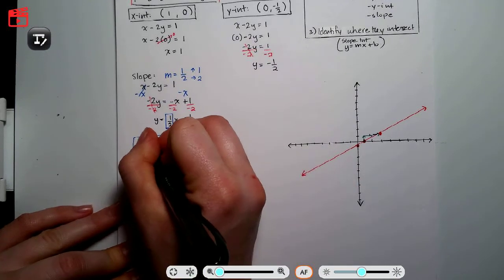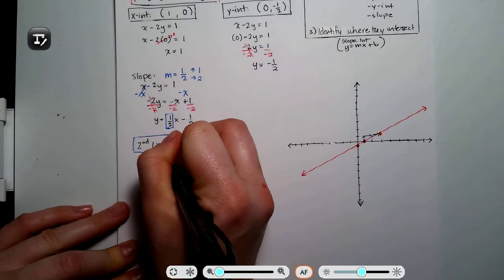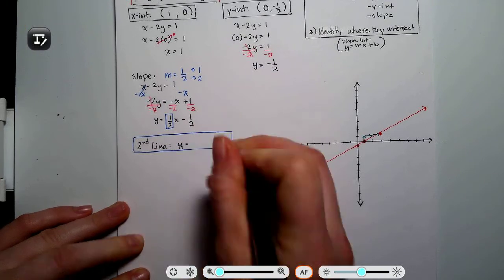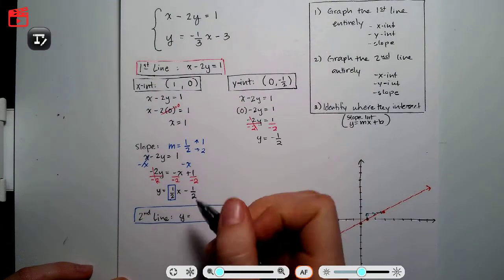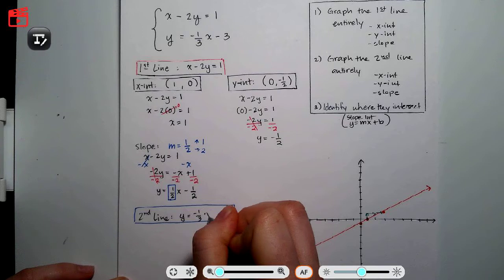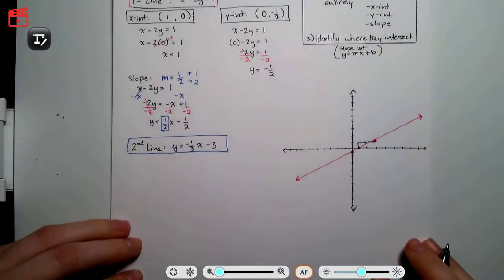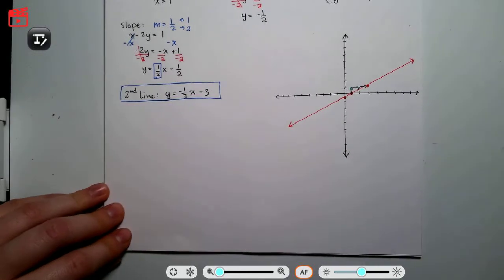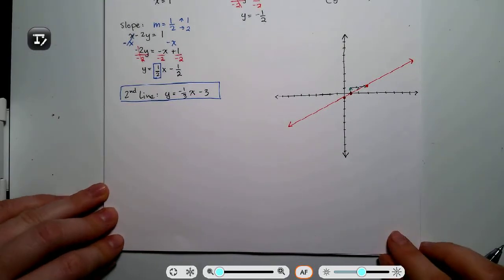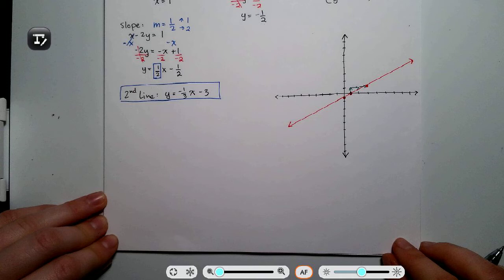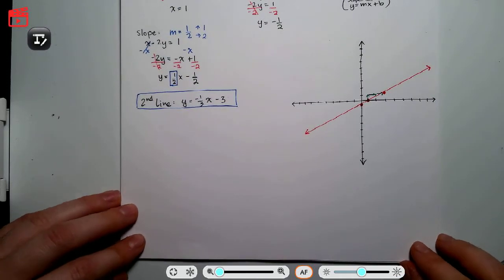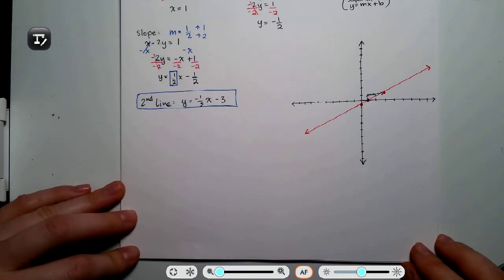Our second line is the equation y equals negative 1/3 x minus 3. All right, so go ahead, find the x-intercept, y-intercept, and slope. Okay, so I'm assuming you've paused the video and tried that by yourself.